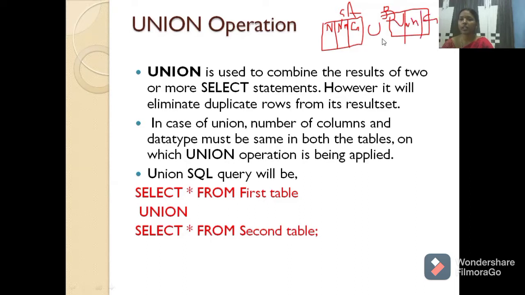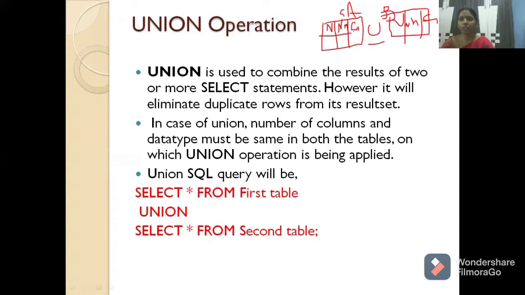So the column order here is number, name, group, and here also number, name, group. If you have two tables in the same fashion, then only you can perform the union operation over the two tables. That is the rule, and we call it compatibility. If two tables are compatible, then you can perform the union operation over them.